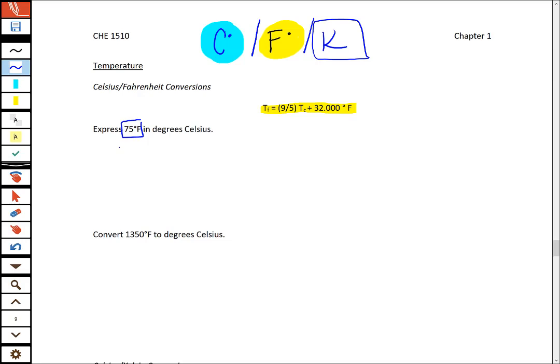I'm going to rewrite my equation here where it says temperature in Fahrenheit is equivalent to 9/5 temperature in Celsius plus 32. For laziness's sake, I am going to leave out all of the zeros, and I'm also going to leave out the degree Fahrenheit because that just makes the units cancel, because really there are units on this 9/5.